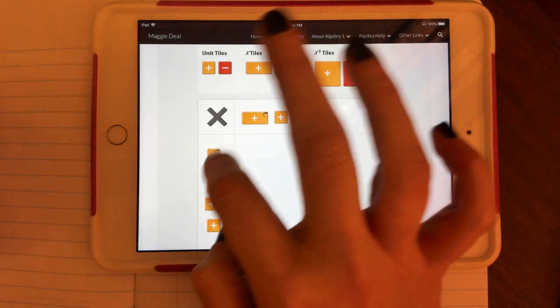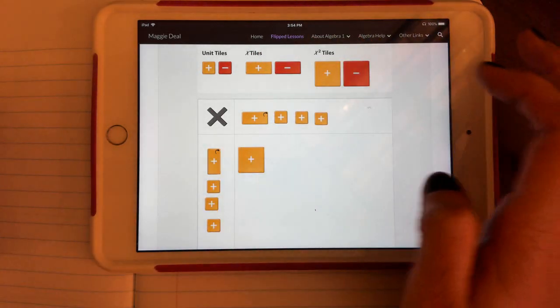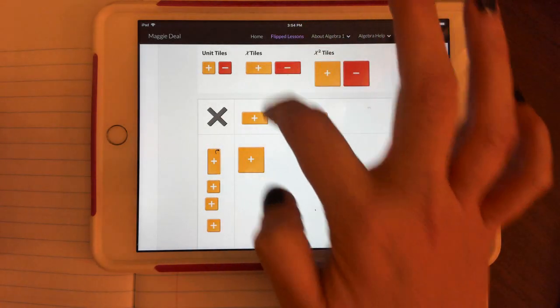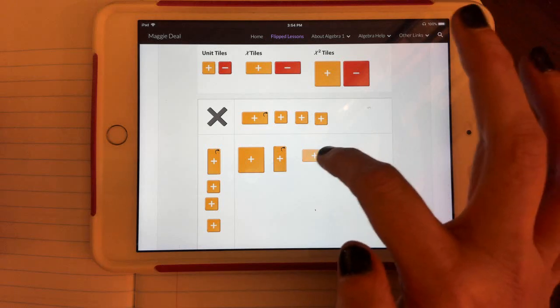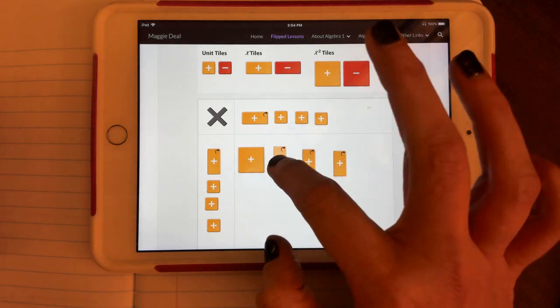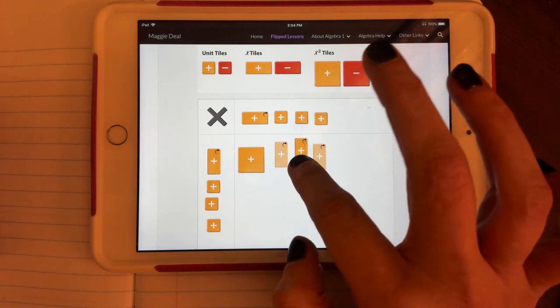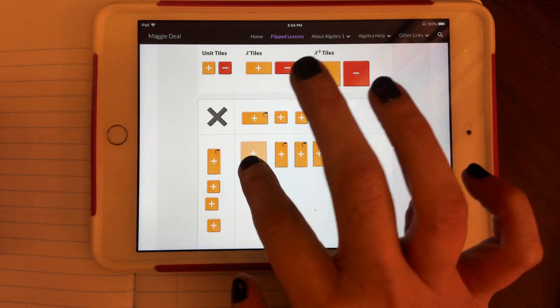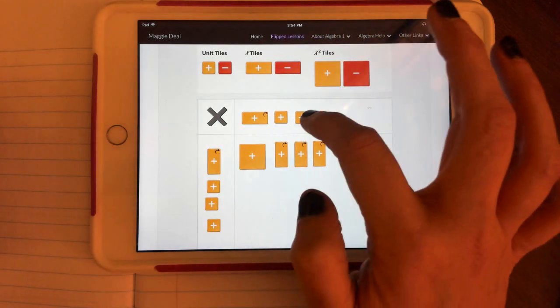Well, x times x is x squared. x times 3 is 3x. And again, we need to turn these sideways. Right now you don't understand why this matters, but I promise you, having the tiles facing the right direction actually does matter later on when we start to factor. Now, we did x times x, and 3 times x.